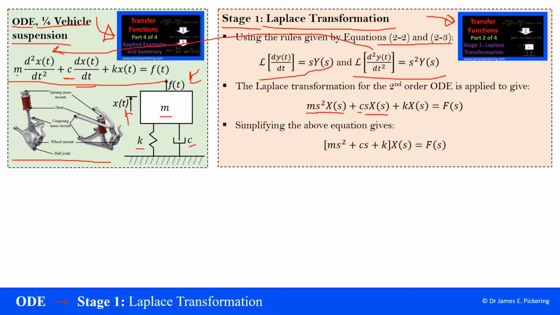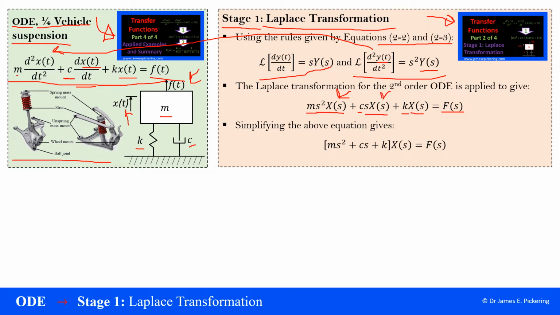Always remember when you do the transformation, y of t becomes capital Y of s, and likewise x of t becomes capital X of s, plus k, because we've got to keep these variables, then this x of t becomes X of s, and f of t becomes F of s. It's as straightforward as that. So converting from the time domain to the complex frequency domain known as Laplace.